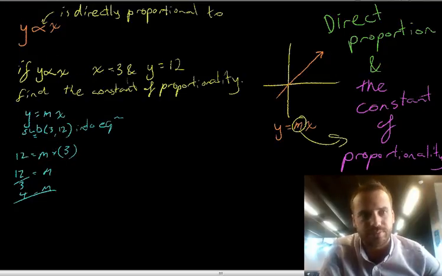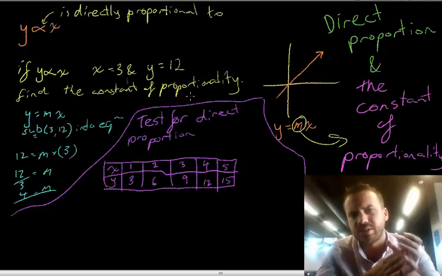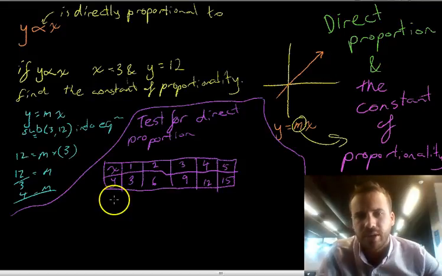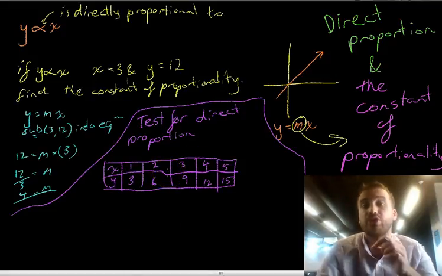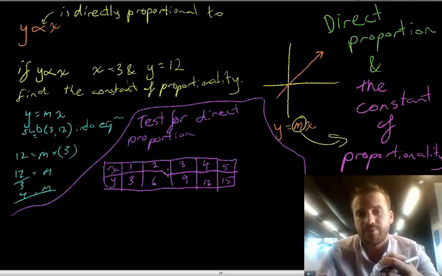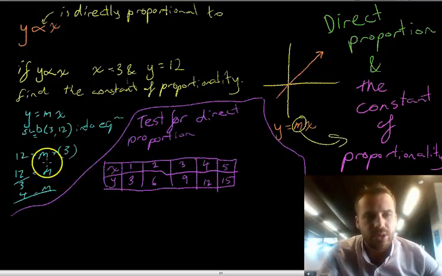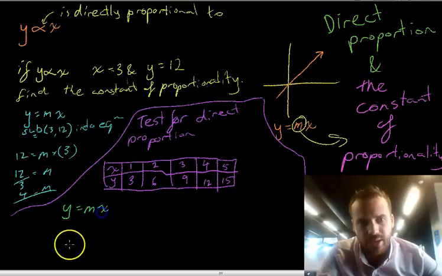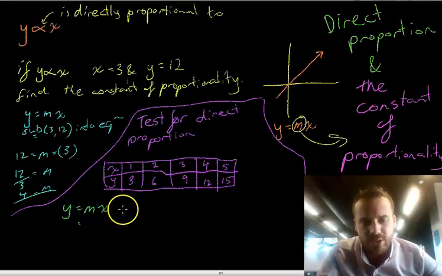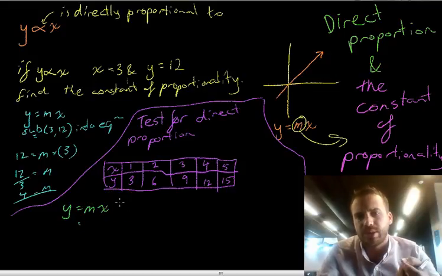How else could we use it? The second way that we can use it is to test for direct proportion. In other words, if you're given a table like this, are x and y directly proportional to each other? Now we can test that because we know that direct proportions always look like this, y equals mx. And we know there's no c value, and we know that m must always be the same.